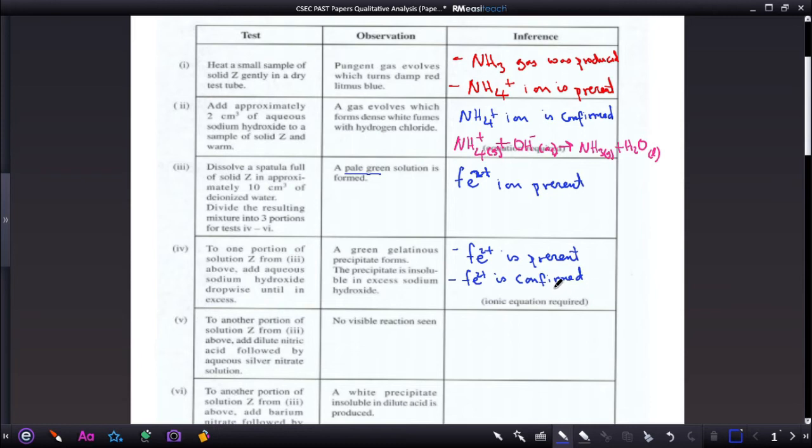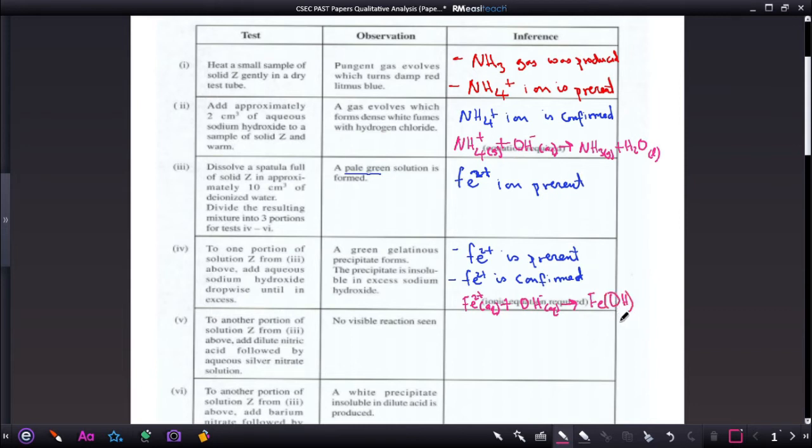Now they want you to write an ionic equation for that reaction. What we are interested in is the iron 2+ and the hydroxide ion. So we need Fe2+, and it was administered in the aqueous form, plus the hydroxide ion OH, and that produced the precipitate iron hydroxide, Fe(OH).